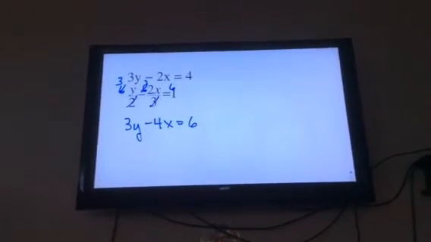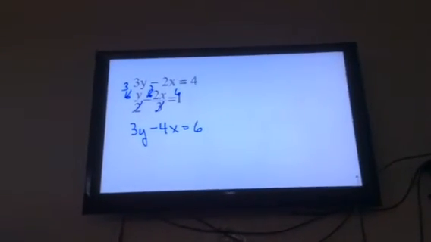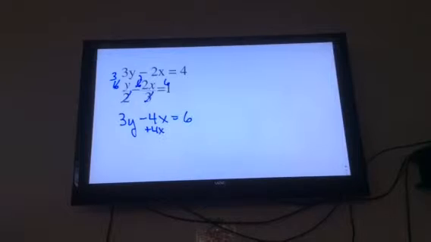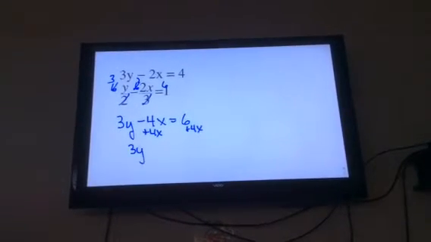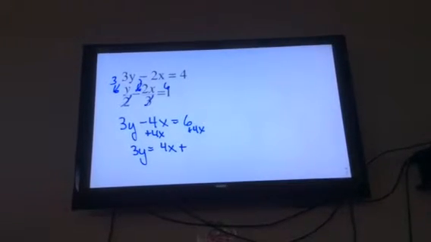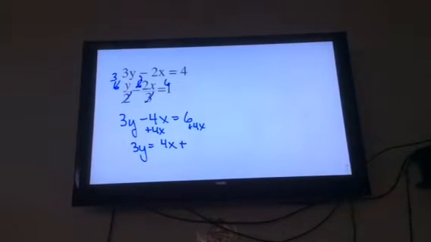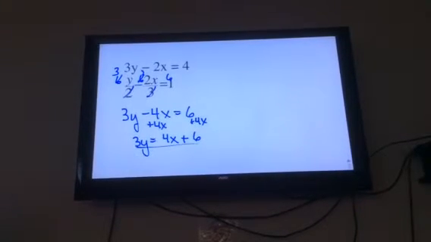So I'm going to solve this bottom equation for y. So I'm going to add my 4x. So 4x plus 6, 6 plus 4x, whatever you like. And then divide by 3 all the way across.